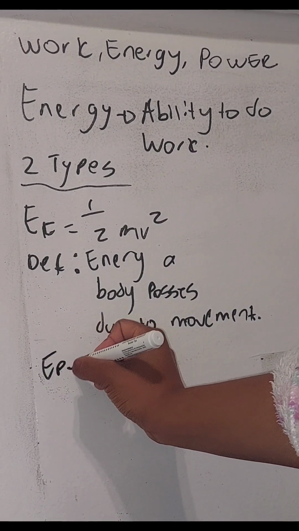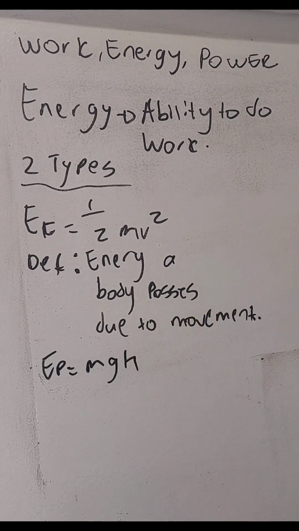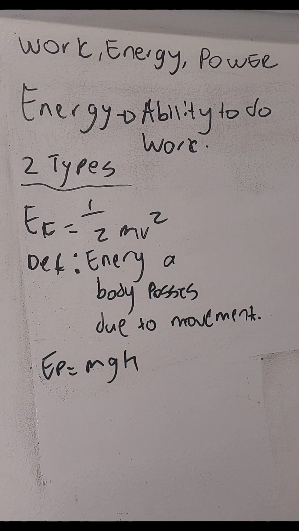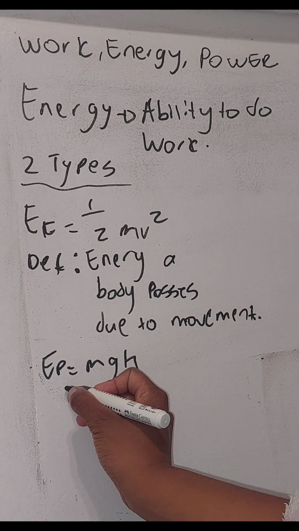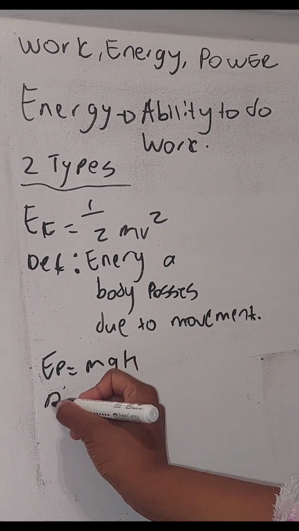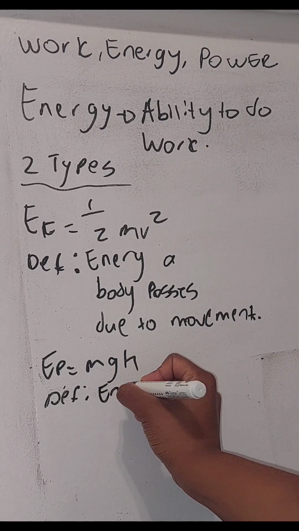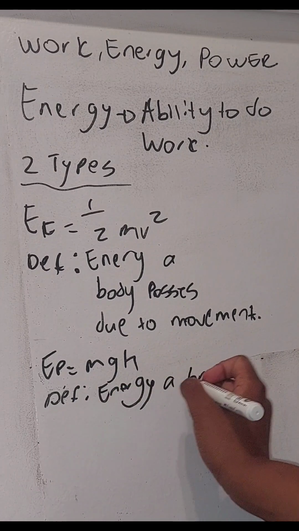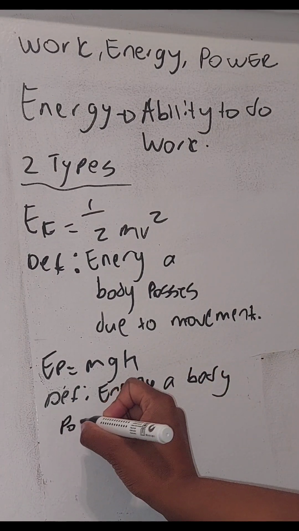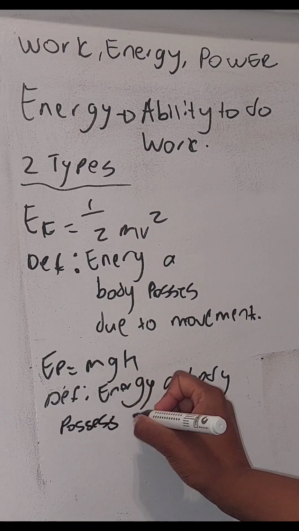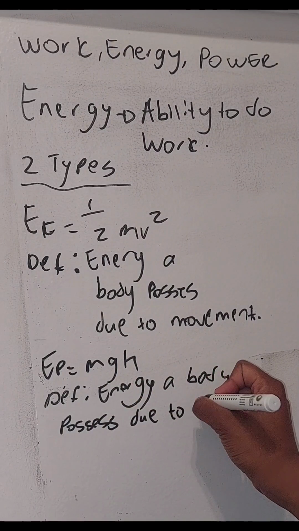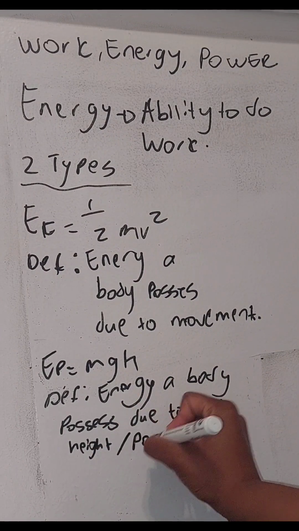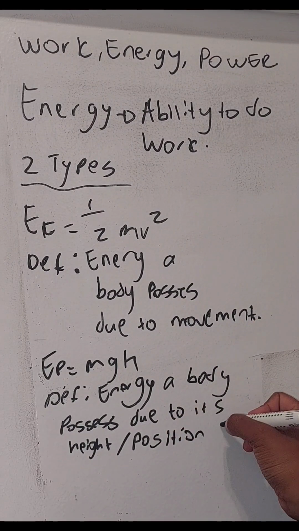EP is going to be mgh. The definition is energy a body possesses due to its height or position above the ground.